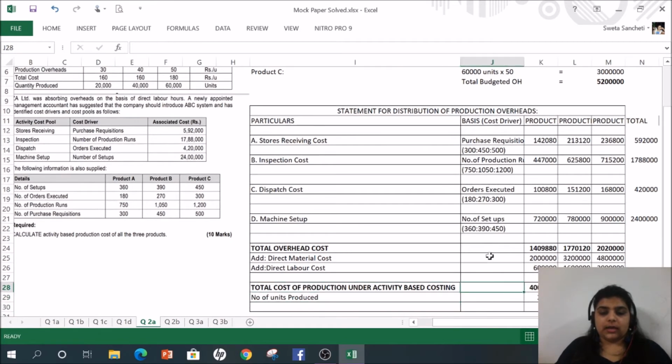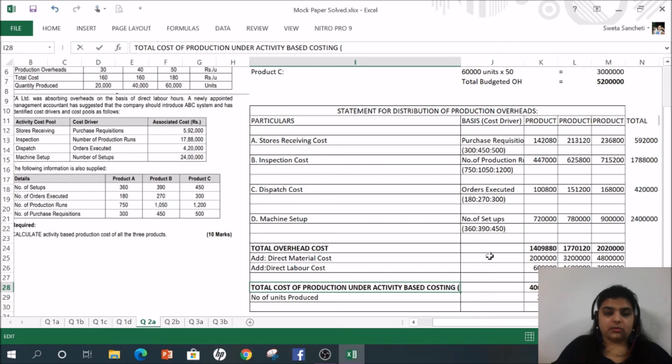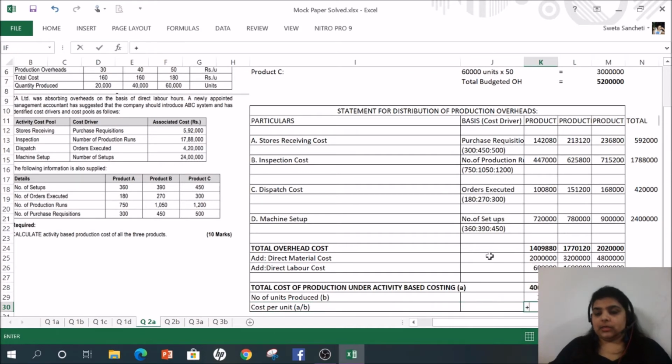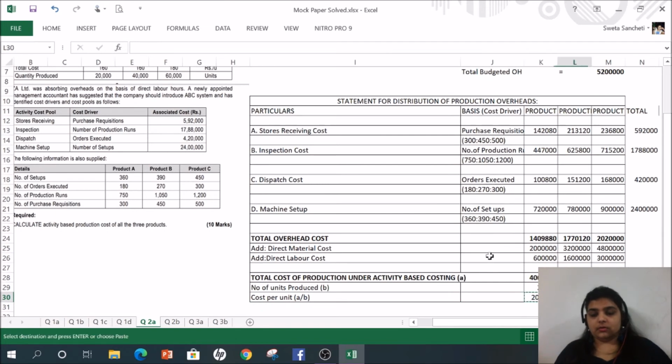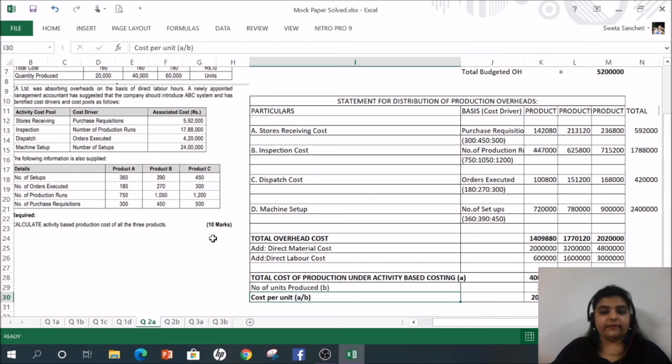I will call this A, small a, and if I call this B, my cost per unit would be A divided by B. This divided by the number of units. So this is our cost per unit. Right? So we are done with part A, which is of 10 marks.